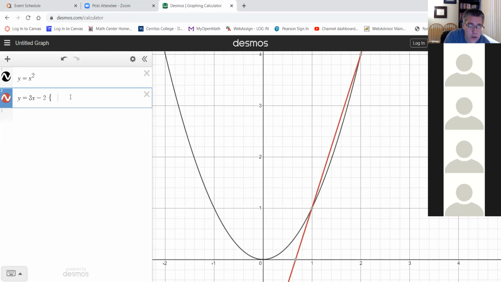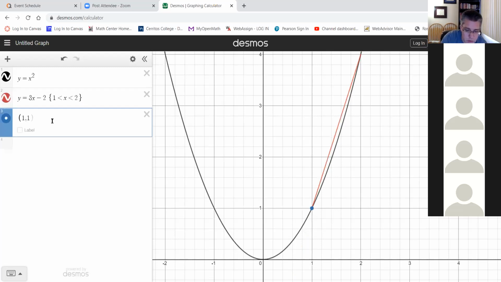So let's use our braces here and go 1 is less than x, which is less than 2. Did everybody see that that's the secant line now? And I could even put the dots here. I'm going to label 1, 1, and I'm going to label 2, 4.